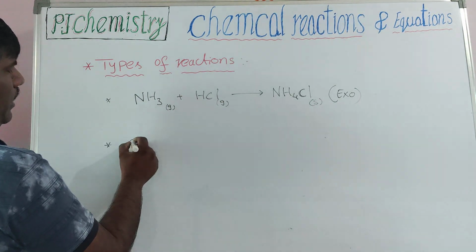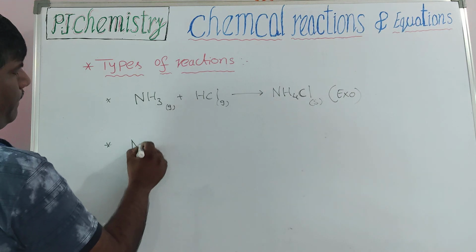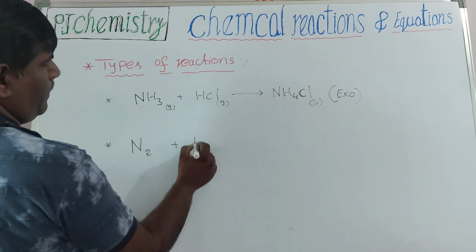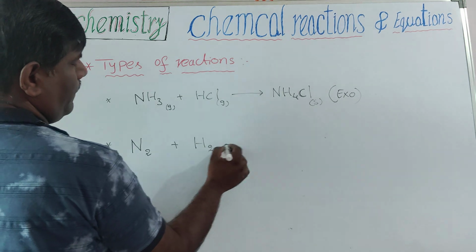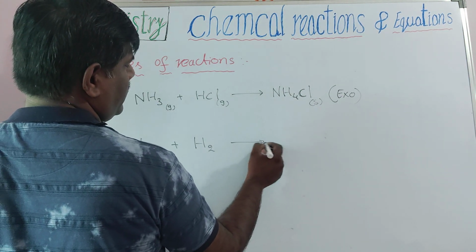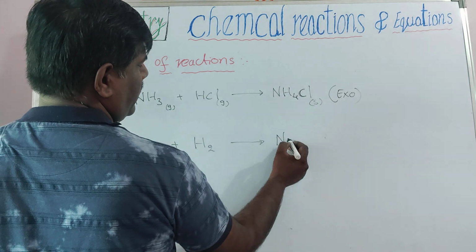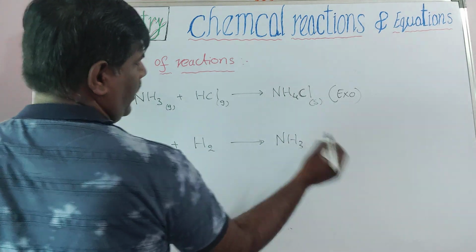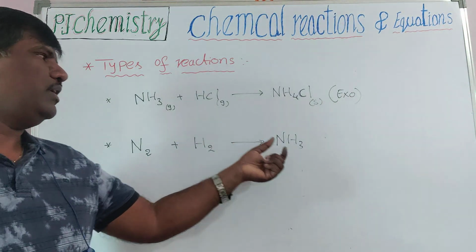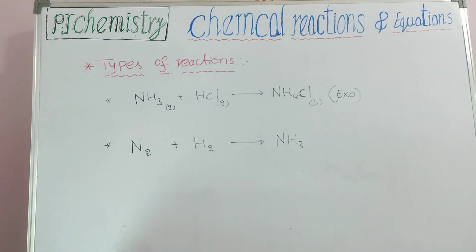Next, nitrogen with hydrogen in the Haber process forms ammonia. Nitrogen reacts with hydrogen, it forms ammonia.